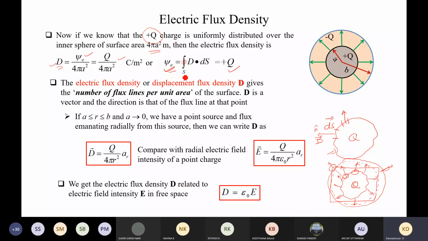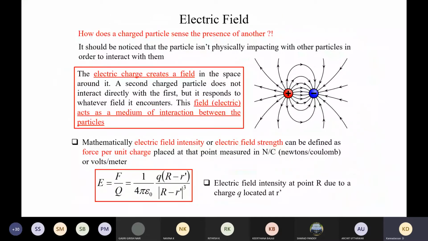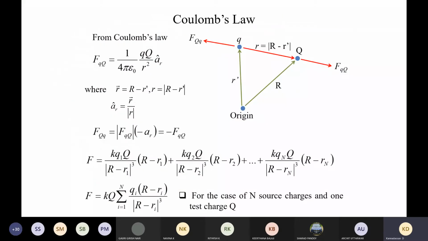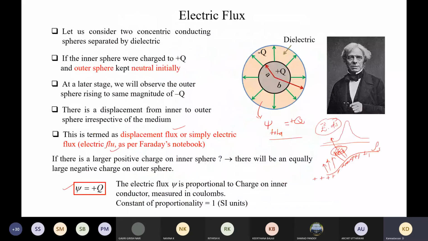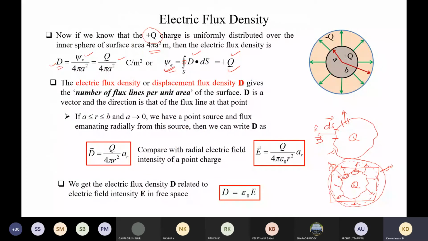So this can be very useful. If you know the flux density, you can calculate this Q, or if you know Q, you can calculate this flux density. Either way, it is the same as how we use Coulomb's law to calculate the electric field. So in many cases, people argue that this method is the reverse of Coulomb's law. Coulomb's law tells us that if you know the Q, then you can calculate the electric field.